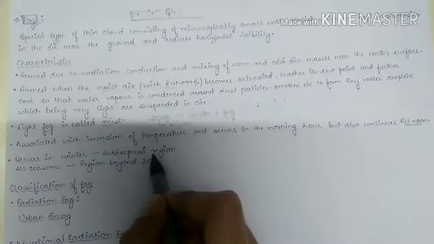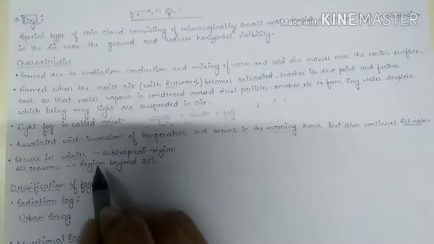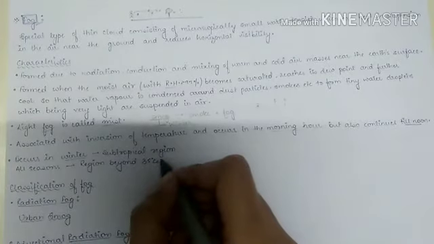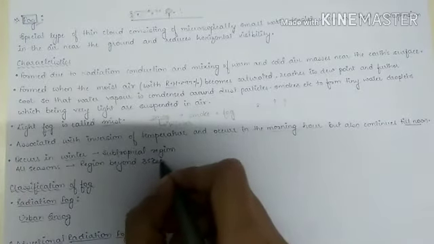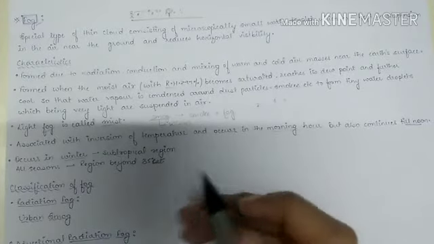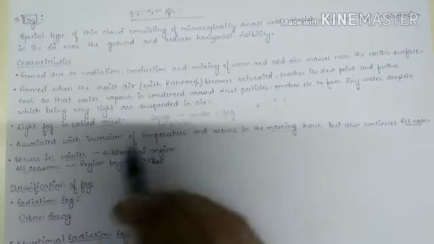In subtropical region it occurs during winter season only, while in the region beyond 35-degree latitude, that is temperate region, it occurs in all seasons, that is throughout the year.